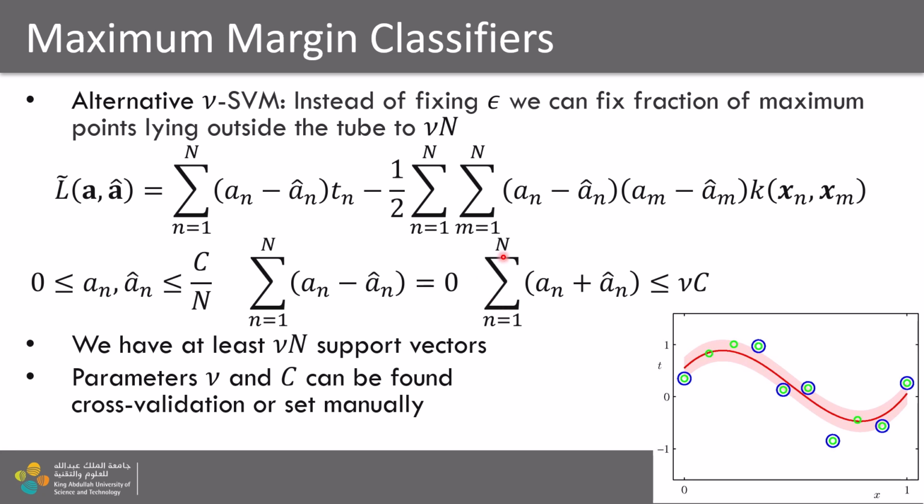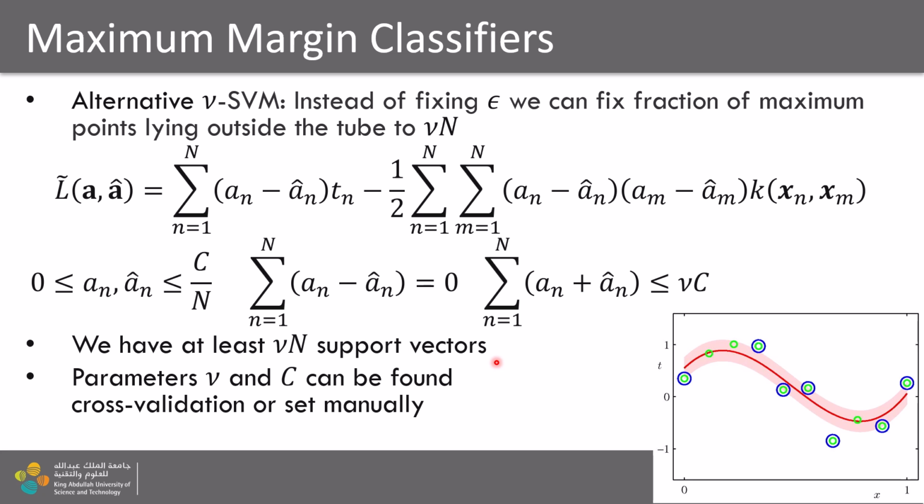The outcome will basically be C, but this constraint tells us that it's not C, but nu C. Therefore, we are limiting the amount of support vectors to have at least nu n support vectors. So this is actually limiting the elements in the tube, in fact.